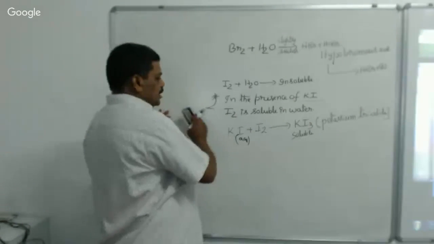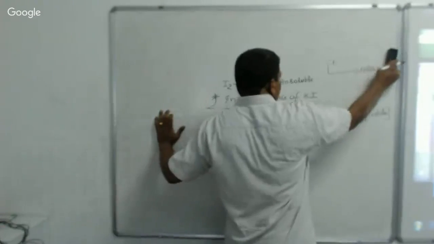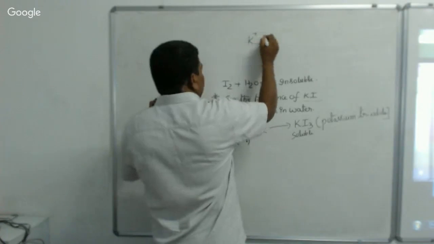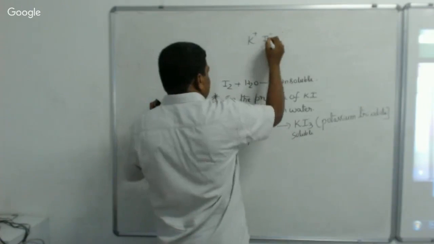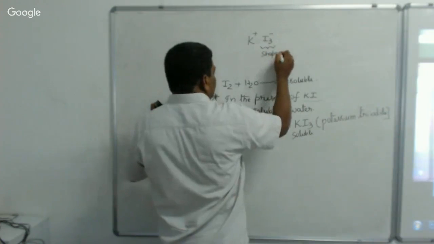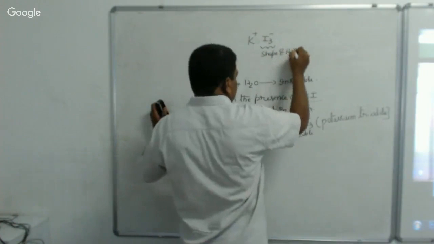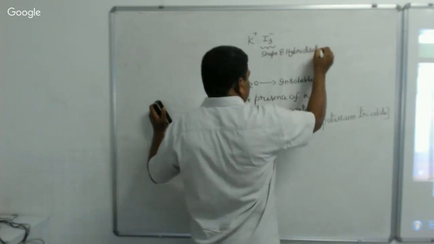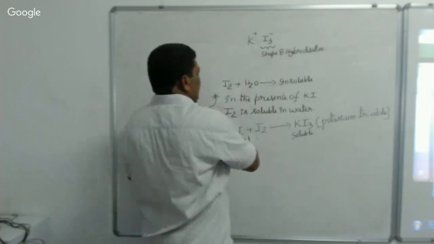Now I will ask here, what is the shape of KI3? It is K plus I3 minus. Now what is the shape and hybridization of I3 minus?